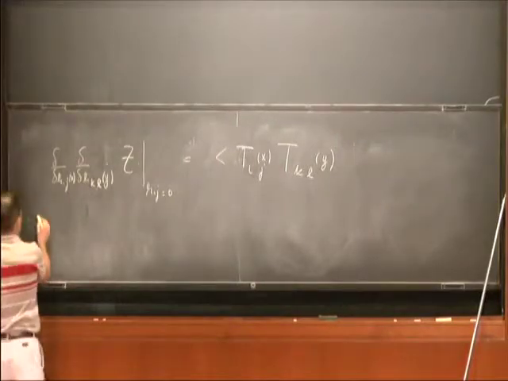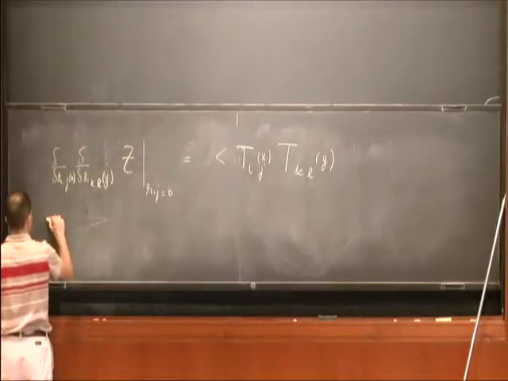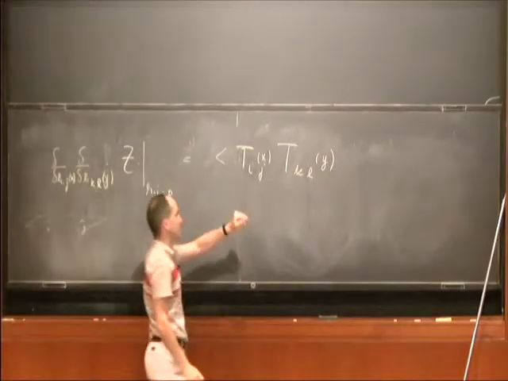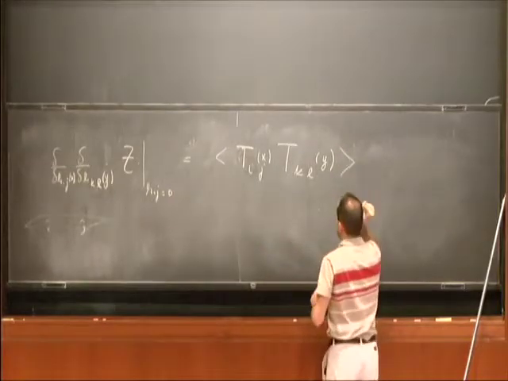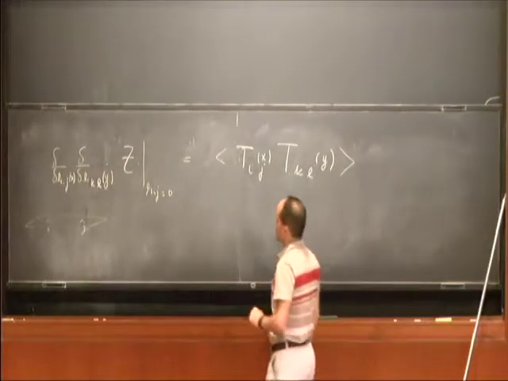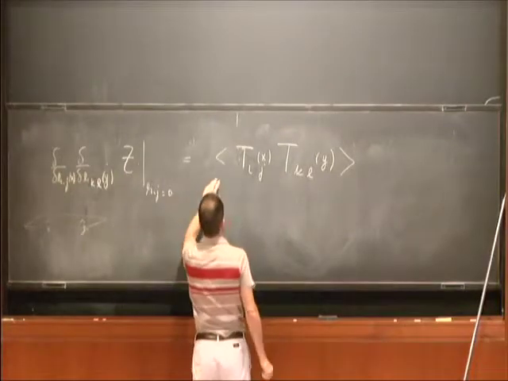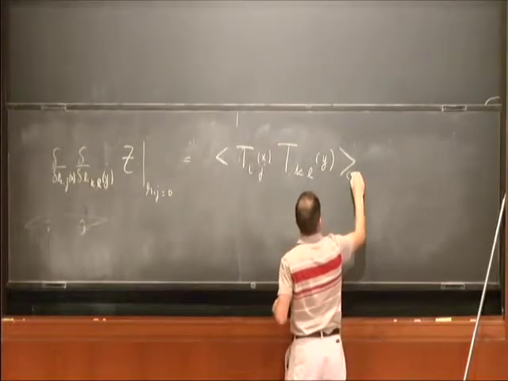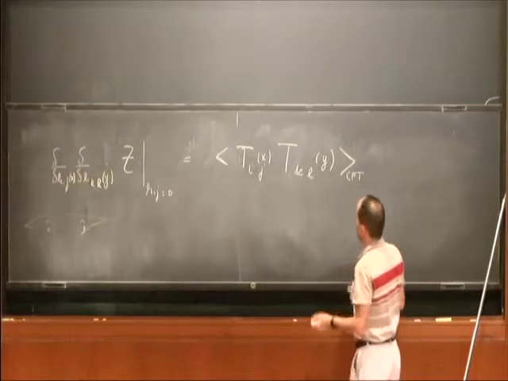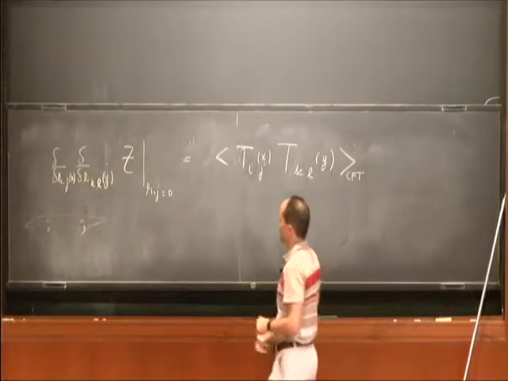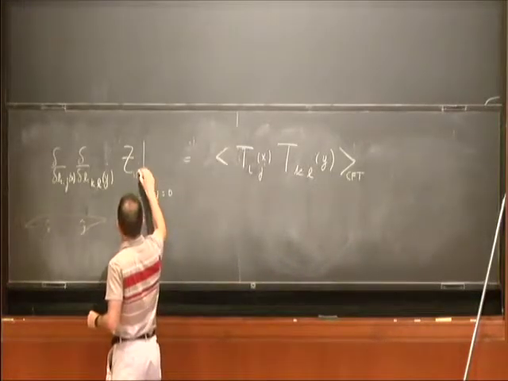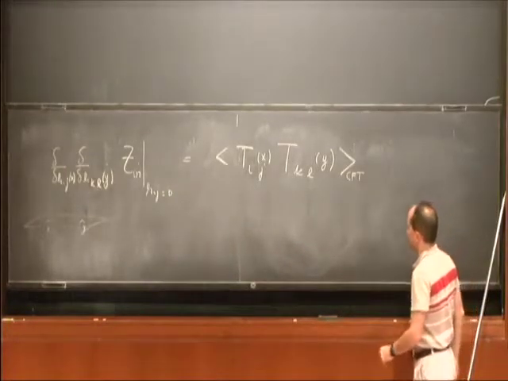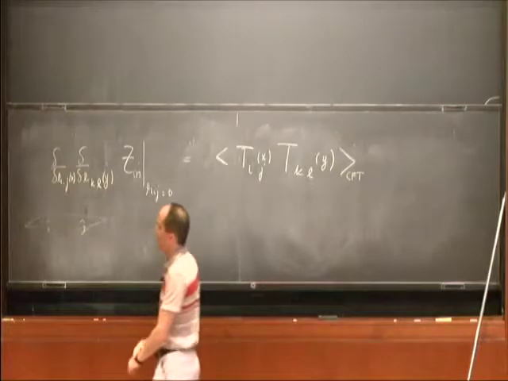So we're taking a flat space, and we are making a small change in the metric at x, a small change in the metric at y, and we are computing this correlator. This angle bracket here means a correlator in the CFT. So we take the conformal field theory, and we calculate this variation of its partition function with respect to the metric, and we get this two-point function, and so on with n-point functions.